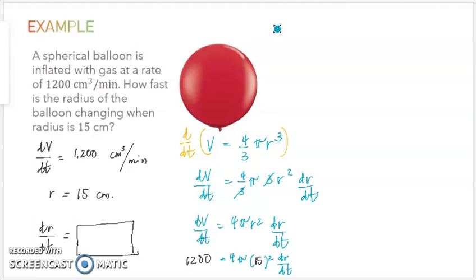Let me write our equation here. 1,200 is equal to 4 pi. Let's simplify 15 squared. That's 225 dr/dt. So divide both sides by 4 pi times 225.